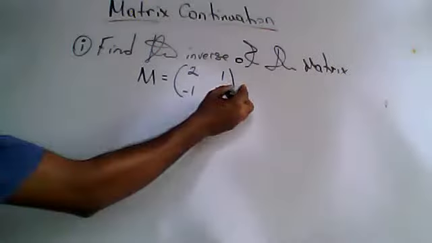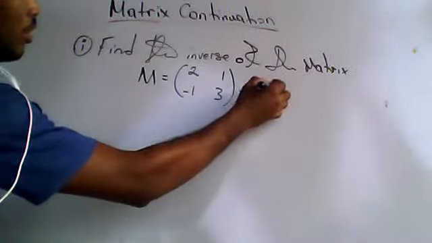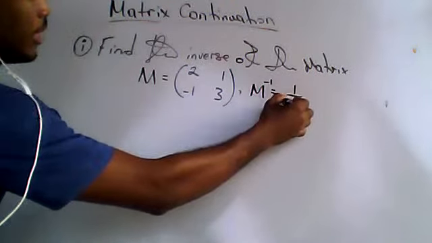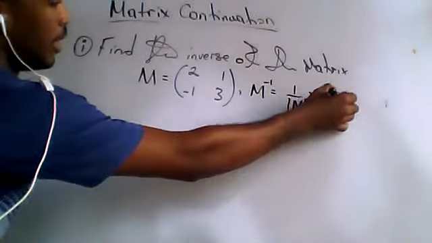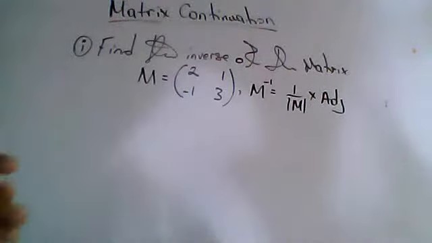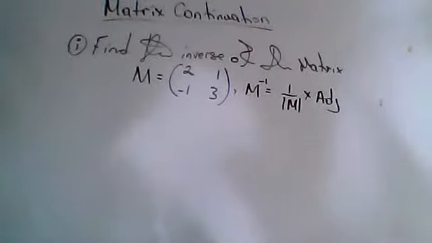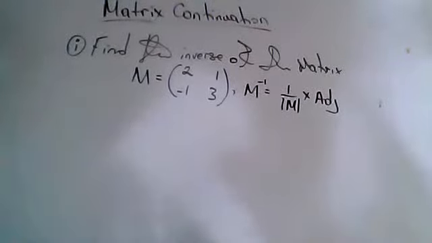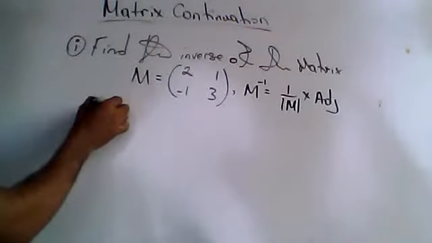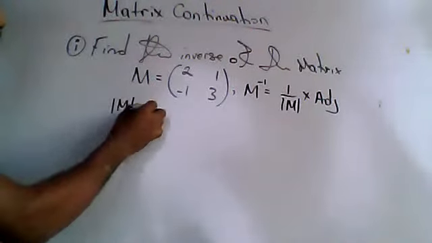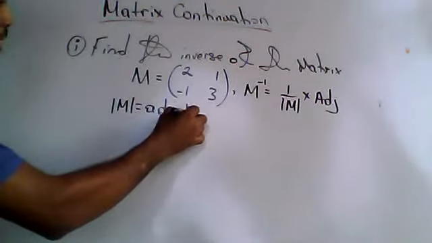So remember, the inverse of a matrix is equal to 1 over its determinant multiplied by its adjoint, ADJ for short. Everybody get that? So we're going to find the determinant. The determinant is equal to AD minus BC.